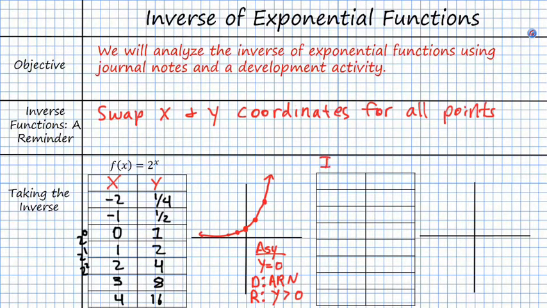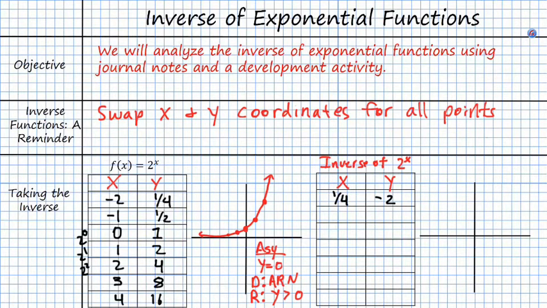All right, so now let's talk about taking the inverse of 2 to the x. So here we have our x values and our y values, and what we're going to do is swap our columns. So now our x value is 1/4, and my y value for that will be negative 2.